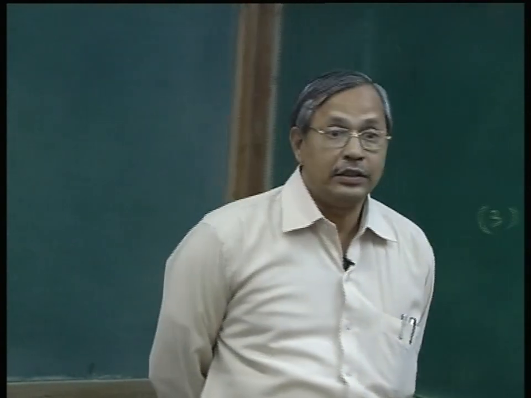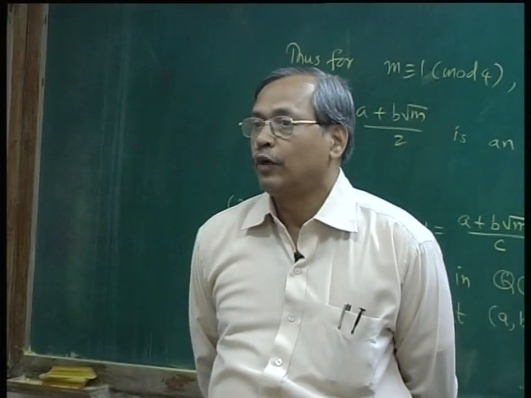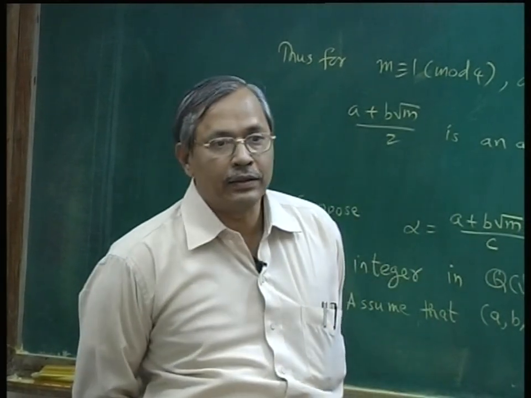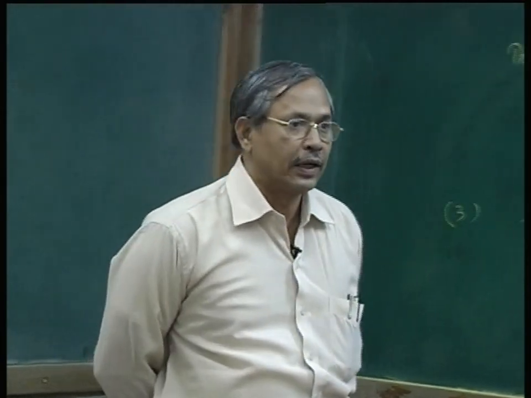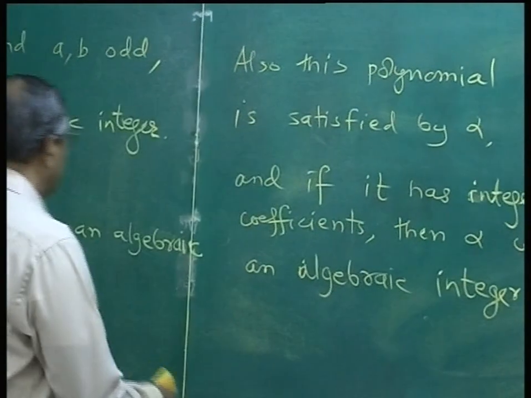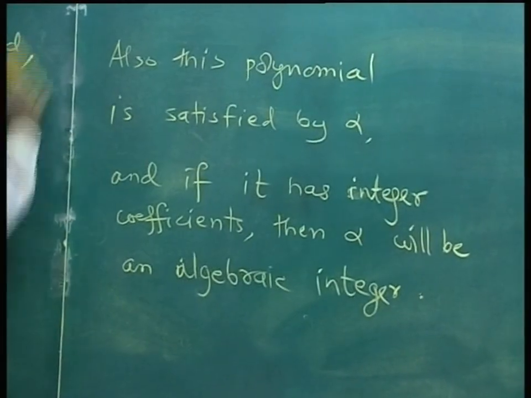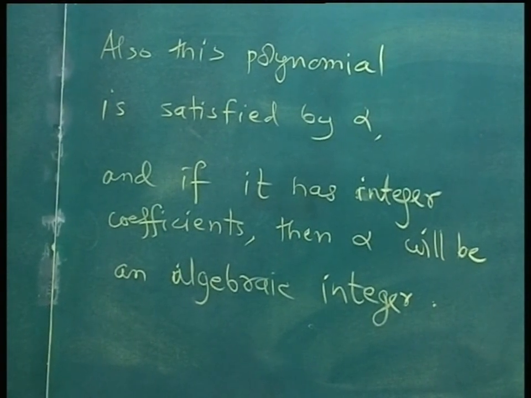So we have got a condition for alpha in the quadratic field Q root m to be an algebraic integer, and that condition is in terms of coefficients of this polynomial, that alpha in Q root m is an algebraic integer if and only if this polynomial has integer coefficients.